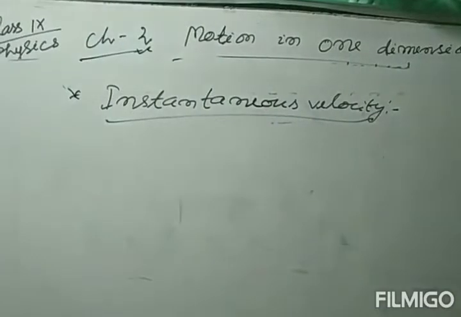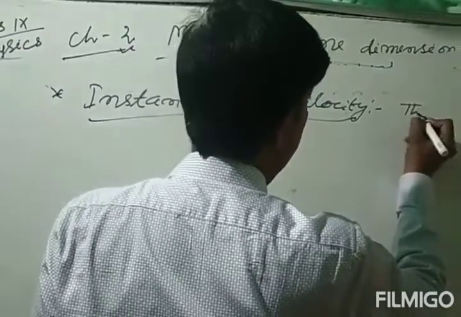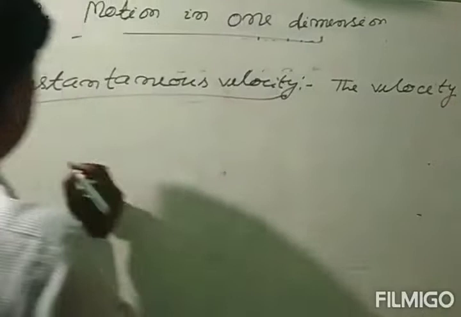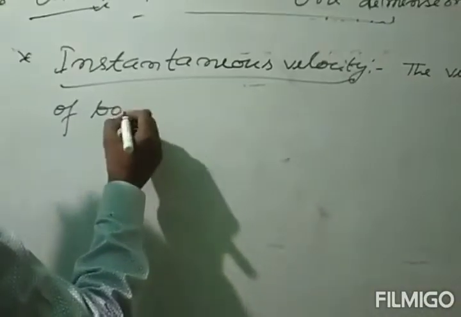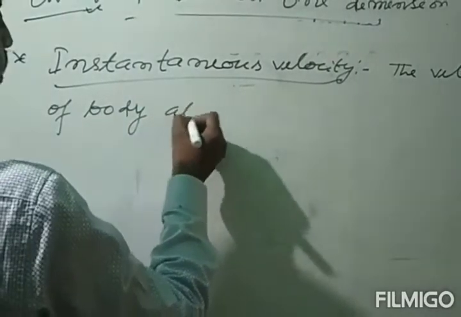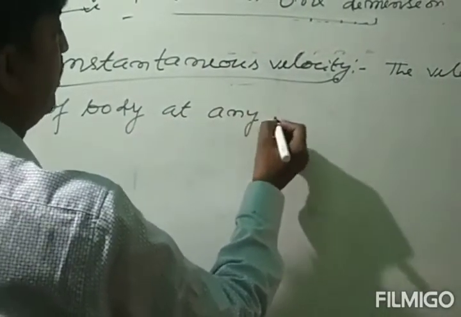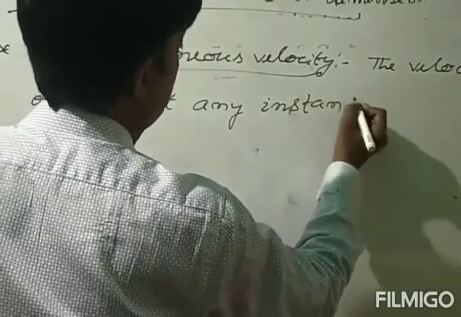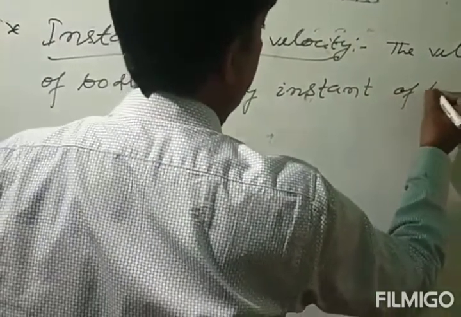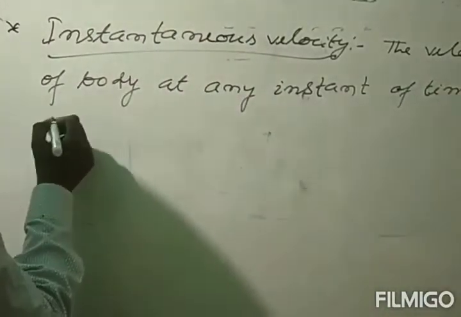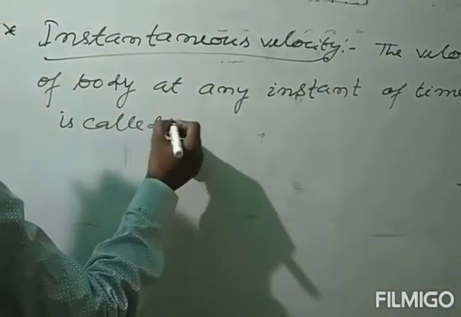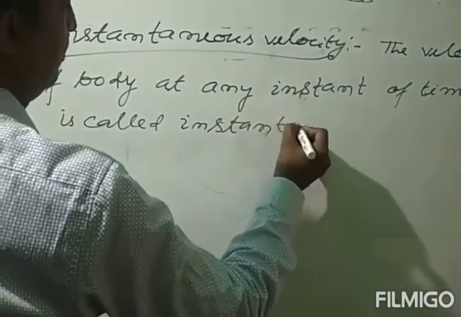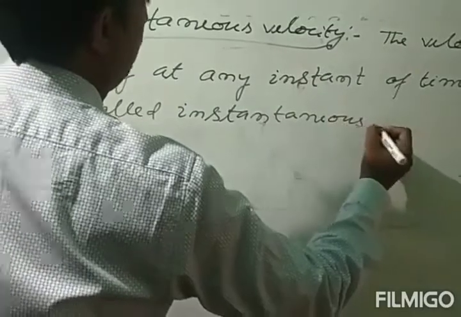When a body moves with variable velocity, then the velocity of body at any instant of time is called instantaneous velocity.